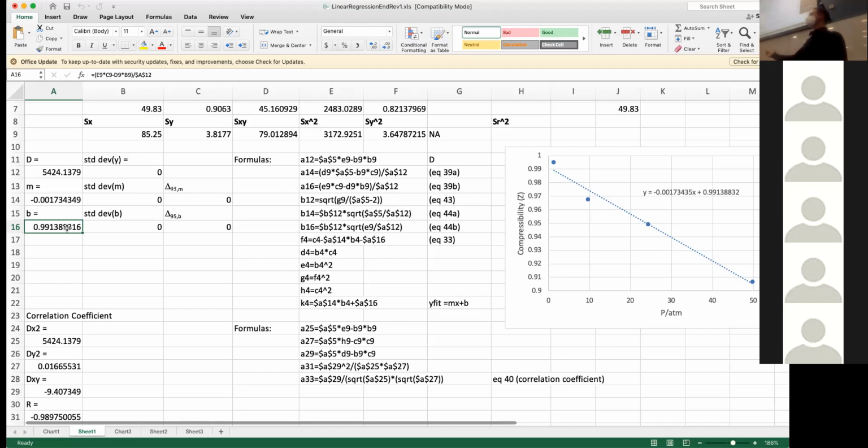Okay, but if you're going to report numbers for the virial coefficients, you're not going to report the standard deviation from your regression. You want to report an uncertainty in terms of a 95% confidence interval. And the formulas that you're going to use for 95% confidence intervals when you do a linear fit are given here.